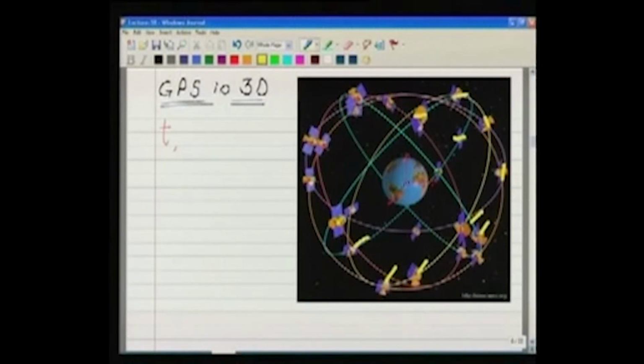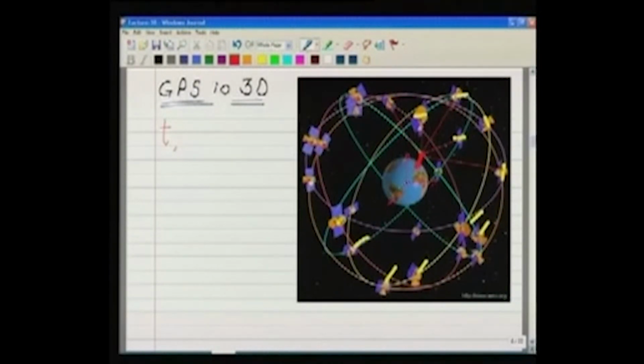If we have a receiver on the surface of the earth, this receiver is now measuring distances. It is measuring the distance from satellite number 1, 2, 3, 4 and so on.